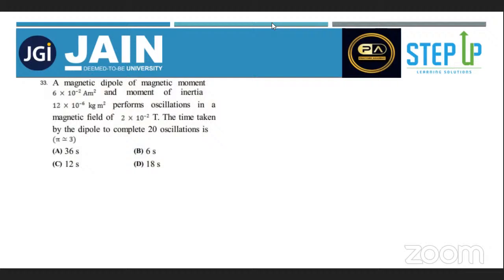Option C is right. Let's do the second. The time period formula is T equals 2 pi root over I upon MB. All the data are given to you. 2 pi is a constant, I is the moment of inertia, M is the magnetic moment, and B is the magnetic field.